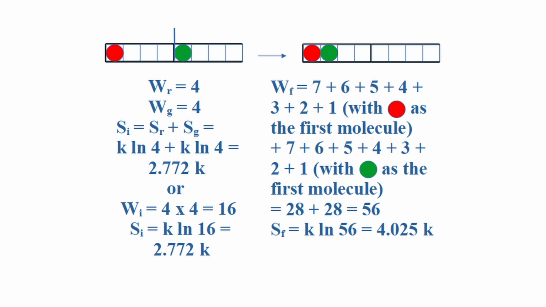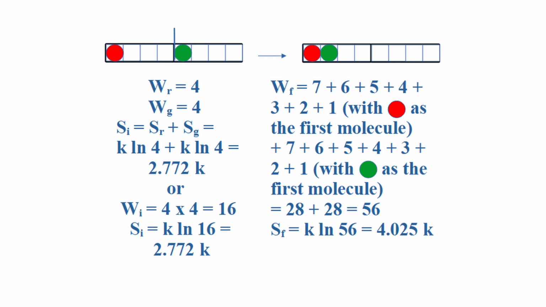Wr for the red molecule equals 4, since that one molecule can occupy any of the 4 cells. Similarly, Wg for the green molecule also equals 4, since that one molecule can occupy any of the 4 cells.